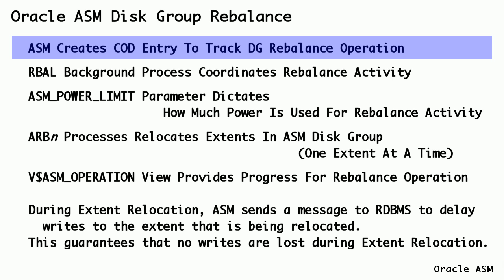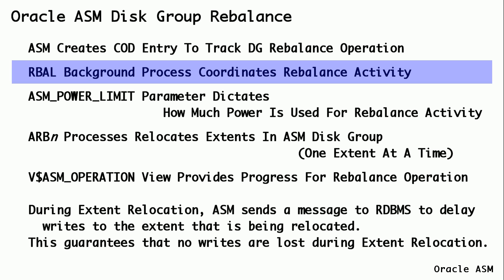If Oracle ASM is in standalone server mode, and if the Oracle ASM instance crashes, then the rebalance operation will restart after ASM instance recovery. If Oracle ASM is in Real Application Clusters mode, and if the Oracle ASM instance crashes, then the rebalance operation will be restarted by any other surviving ASM instance.